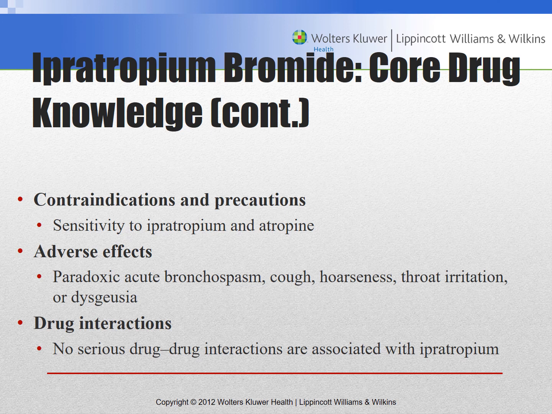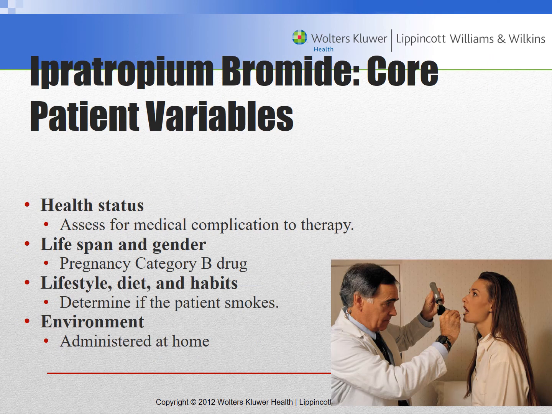There are no serious drug-drug interactions that are associated with ipratropium. We do want to assess for any medical complications to therapy, and it is a pregnancy category B drug.